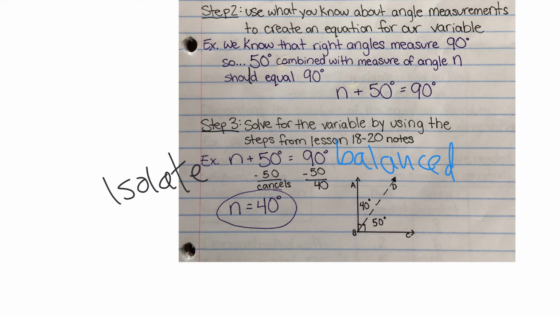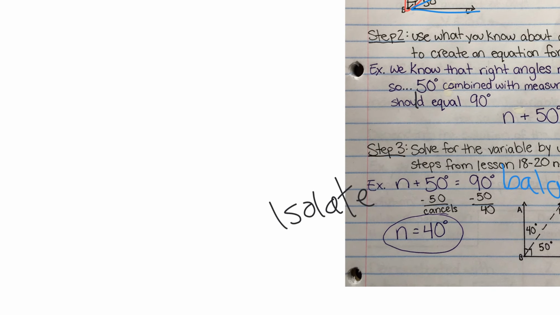Now if you've noticed, we have drawn this angle again, almost identical, except this time, instead of N, we've replaced it with 40 degrees. So 40 degrees plus 50 degrees should equal this right angle of 90 degrees. We plug it back into the equation like we always should.